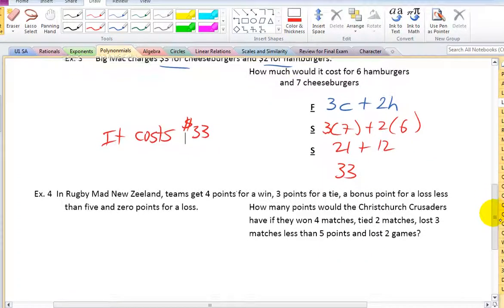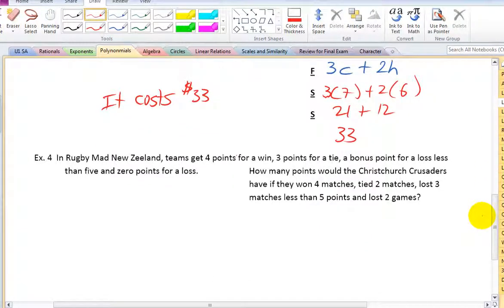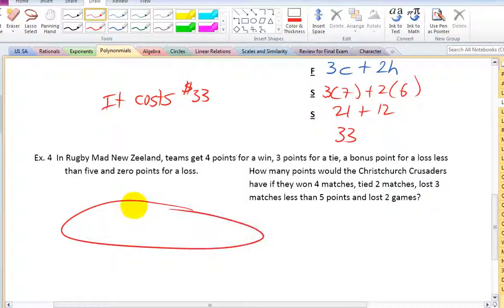All right. So, now in your textbook they use the hockey example, but I didn't want to make it too similar. So Rugby Mad New Zealand, 4 points for a win, 3 for a tie, bonus point for a loss less than 5, okay, and 0 points for a loss. Make your expression. Go.